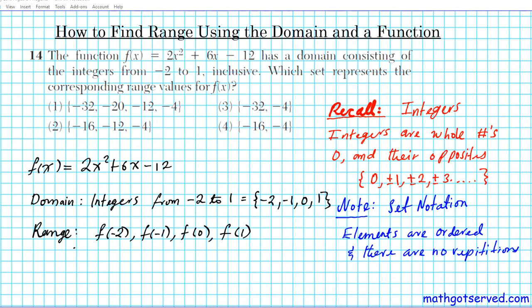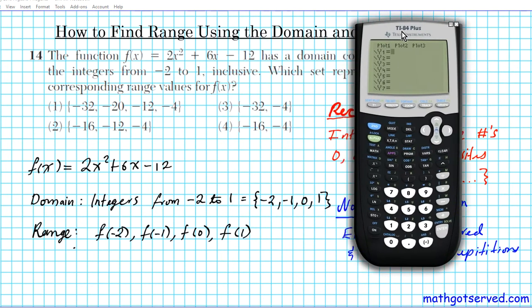You can do this by hand. You simply plug these values into the function and use your order of operations to simplify. But since the use of a calculator is permitted on this test, we're going to use it to expedite the computation. For y1, we put in the function 2x squared plus 6x minus 12. Enter.